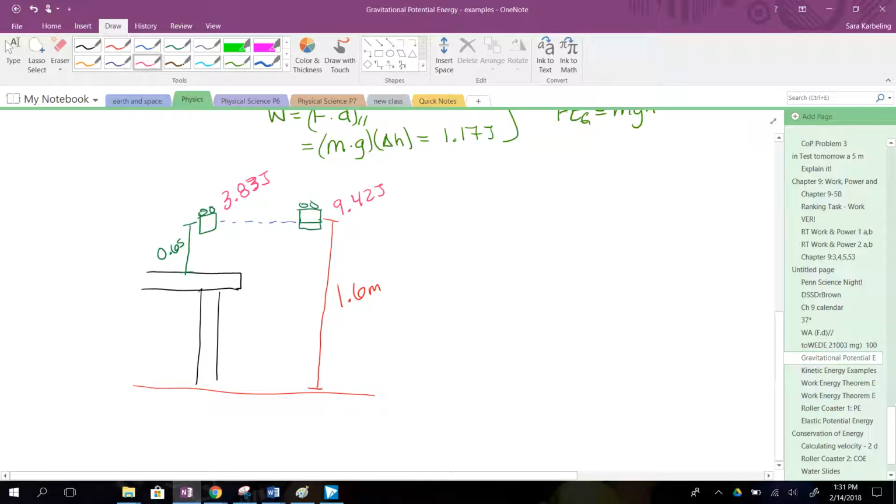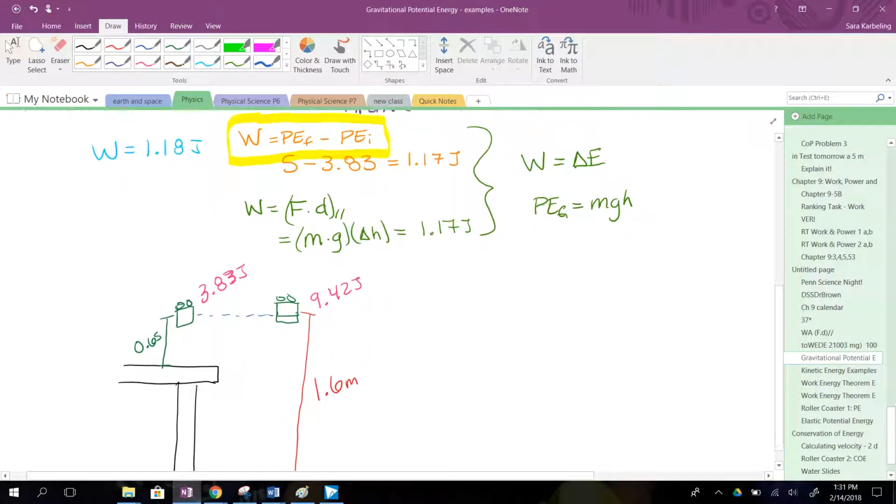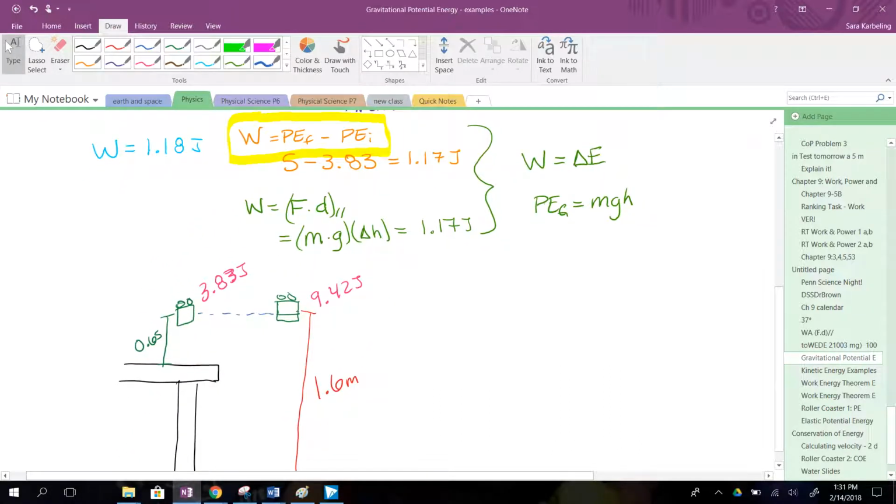If we were only moving it horizontally, the way that we can change energy is by doing what? Work. You with me there? If I hold the frog here and then move him over here, have I done any work? Work has to be done.